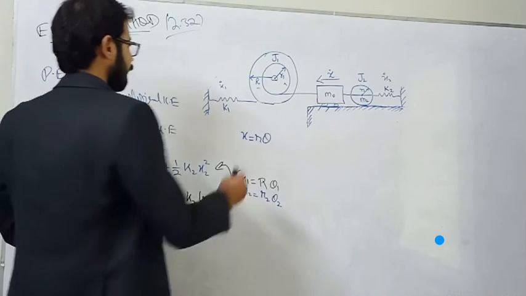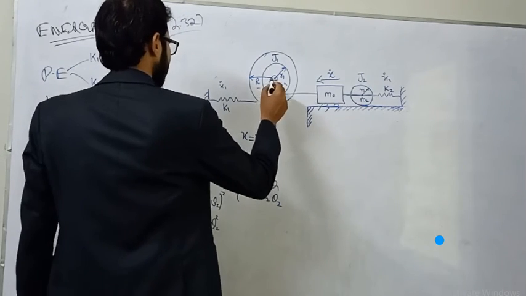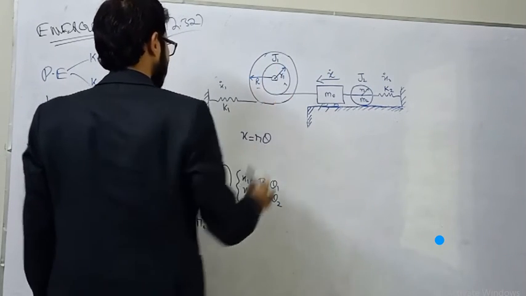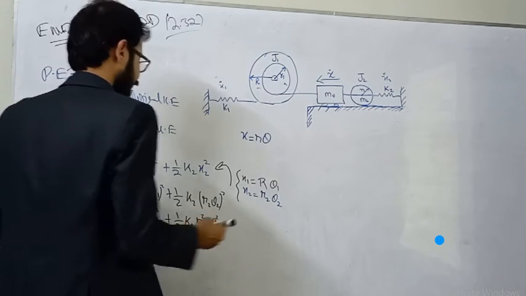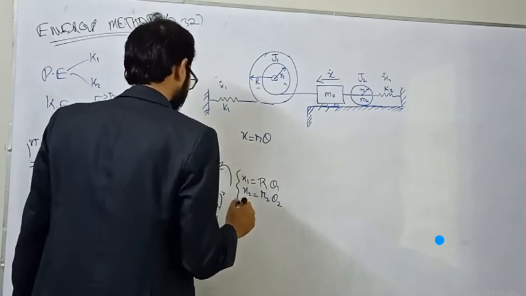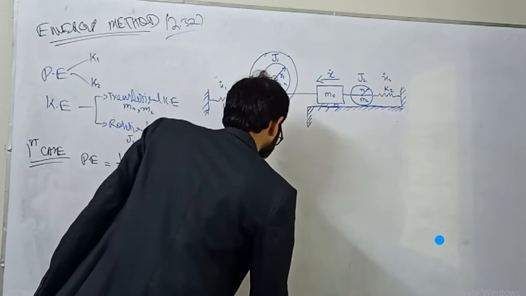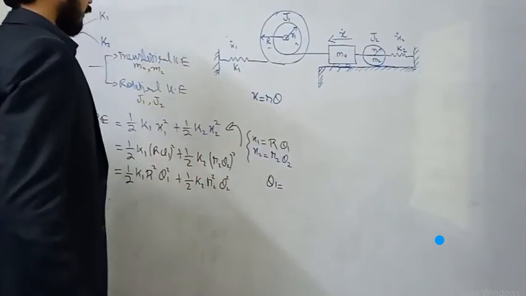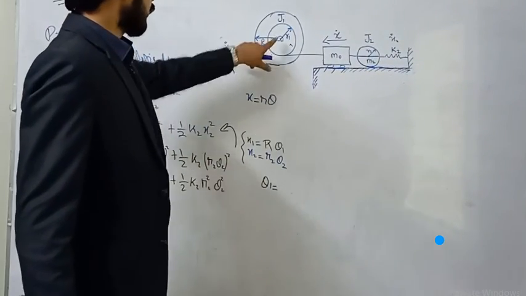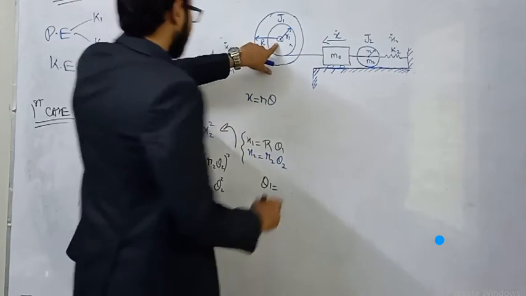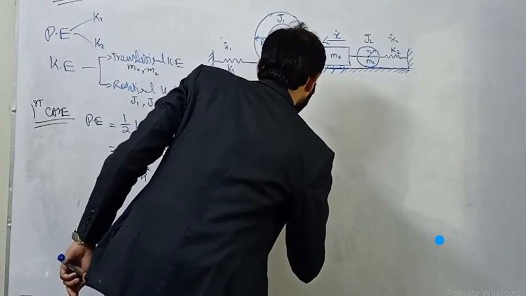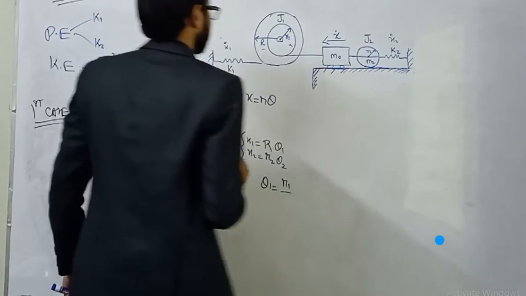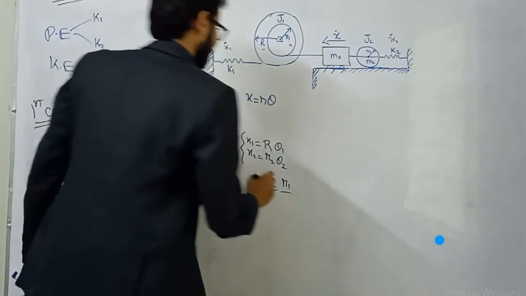Since this is theta 1, we can see that the theta 1 velocity associated with this case, we can find it as the associated displacement: theta 1 is equal to, now we can correlate it with the smaller radius R1.